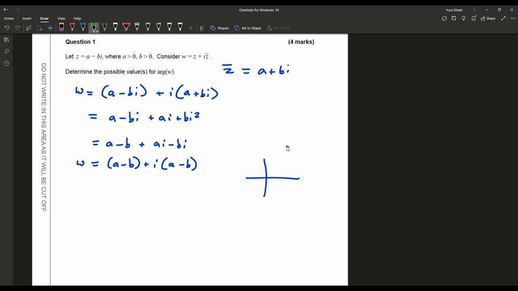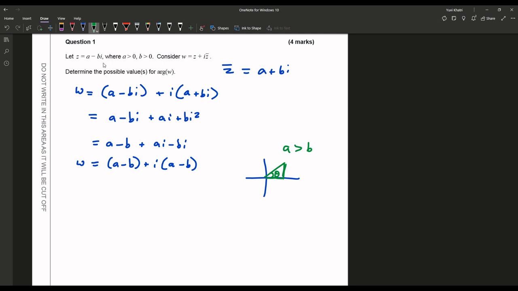First, what if a is greater than b? That means the real and the imaginary part are both going to be positive, so you'll have w in the first quadrant. And that's the angle we're trying to find. Label that theta.